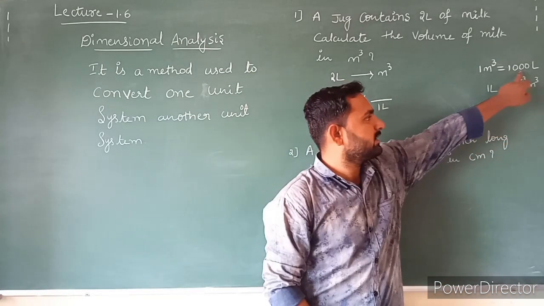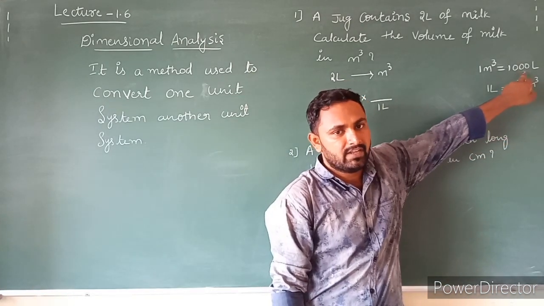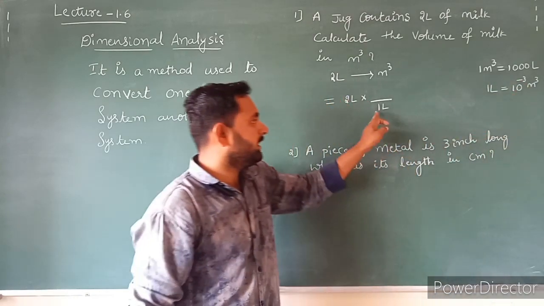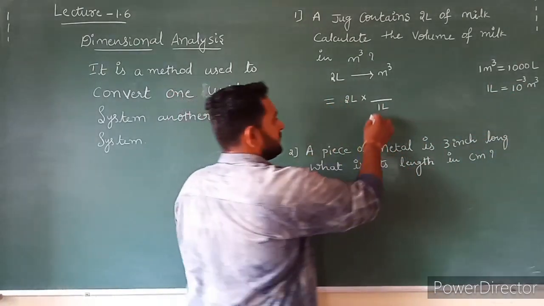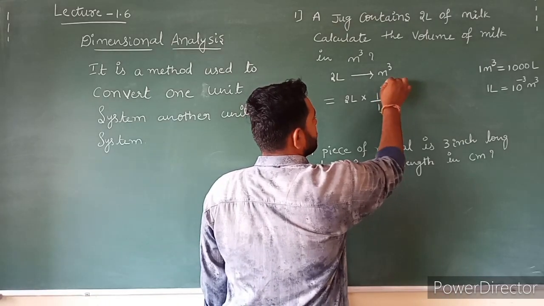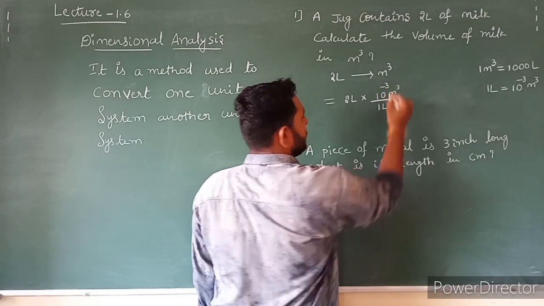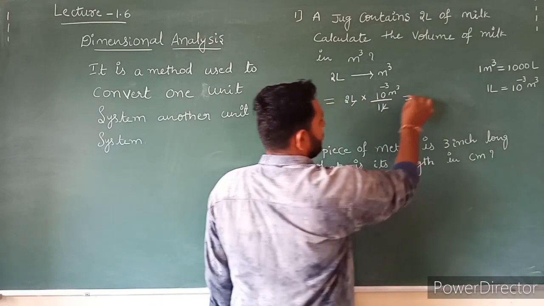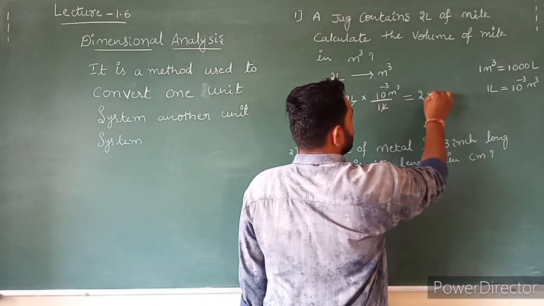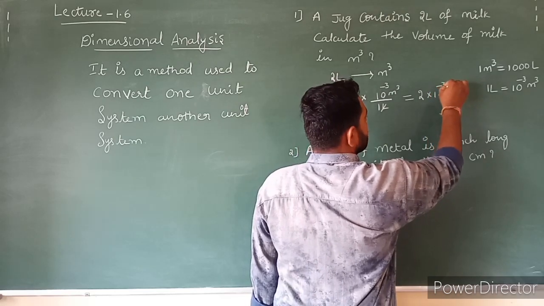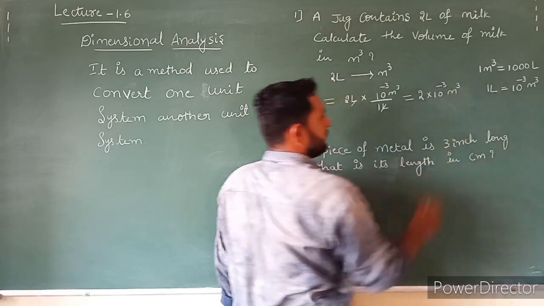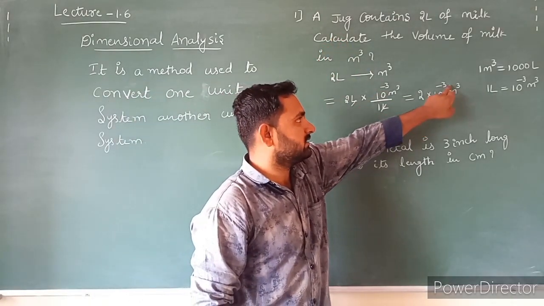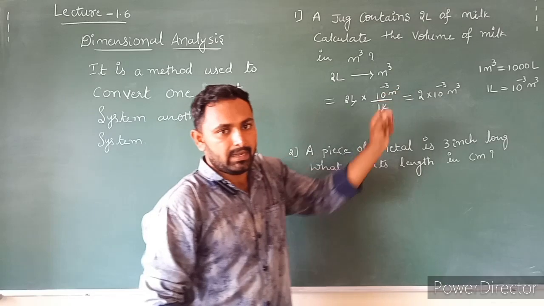Because 1000 is equal to 10 power 3, and if 10 power 3 comes this side, it becomes negative. Now liter cancels. Next you multiply these two numbers: 2 into 10 power minus 3 cubic meter. A jug contains 2 into 10 power minus 3 cubic meter of milk.